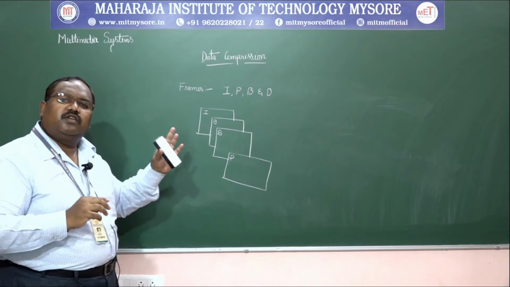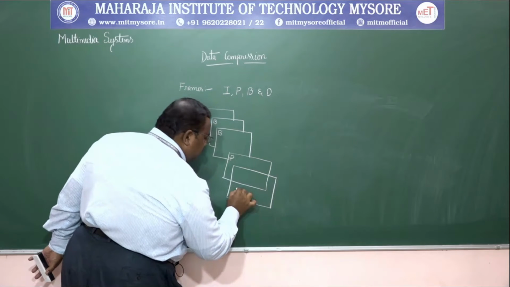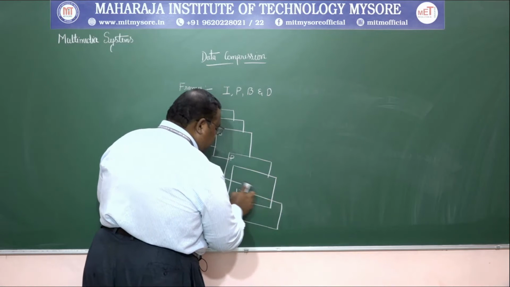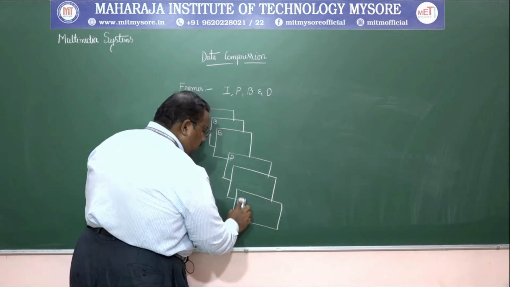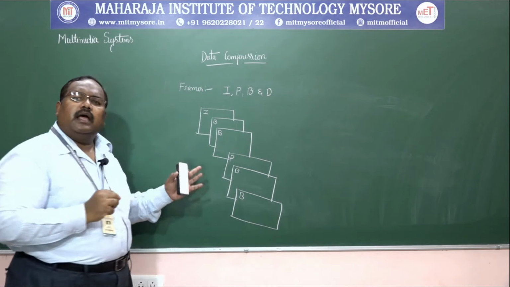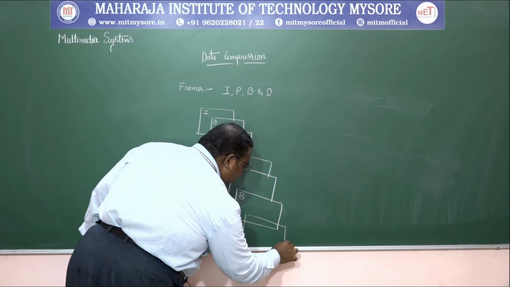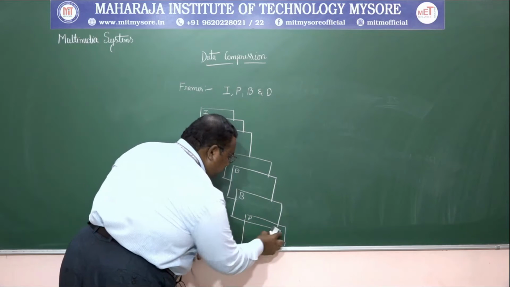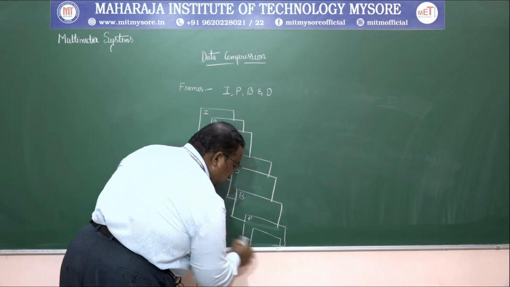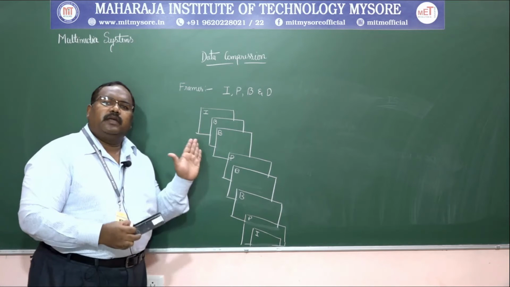After the P, again the sequence of two or more B frames will be there. I'll represent it as B, B, and at the end there would be P, and next I. So we see a sequence of frames being represented.